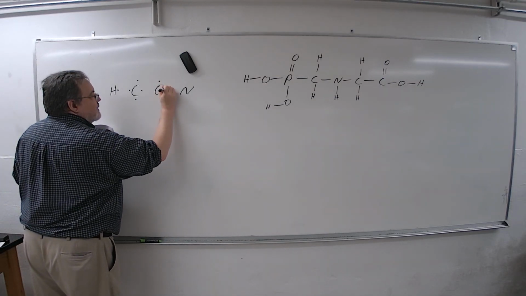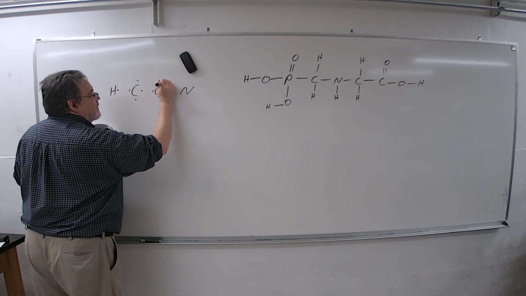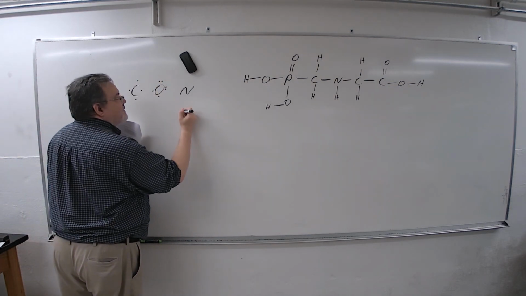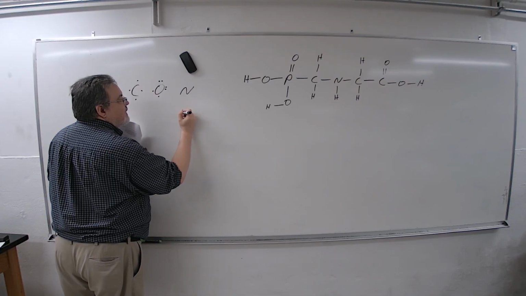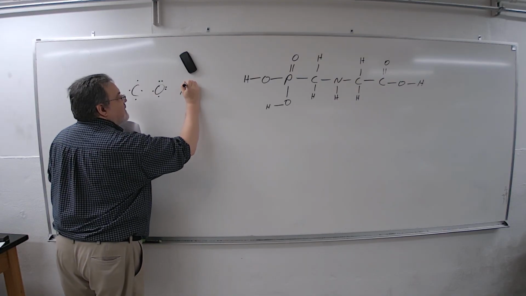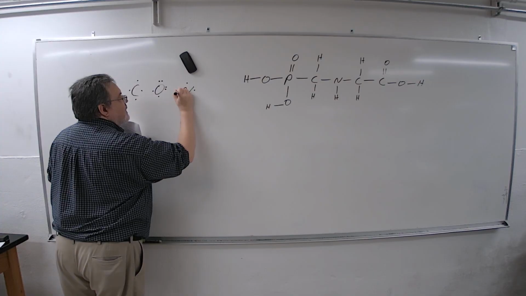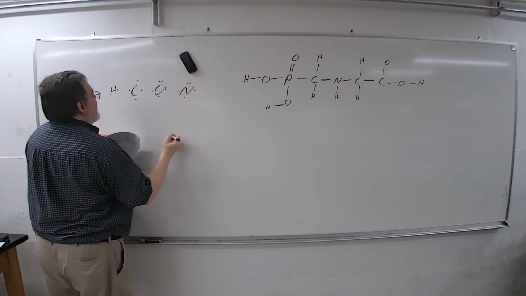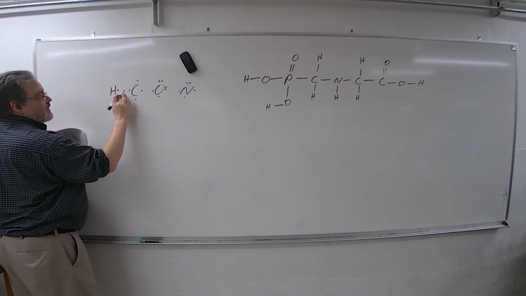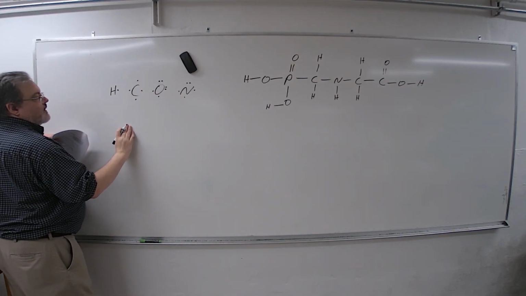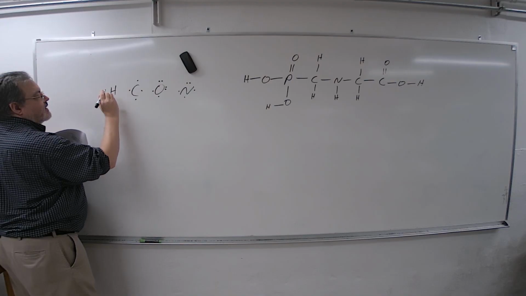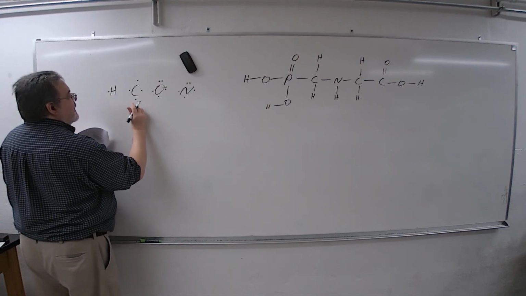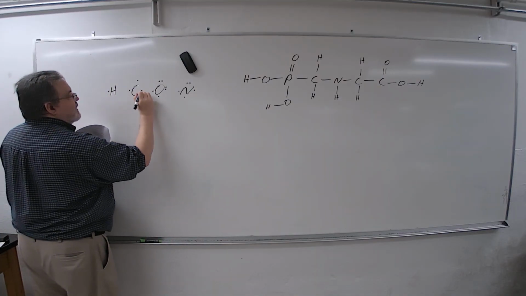It's 1, so I'll do that. How many valence electrons does carbon have? 4, so I'll go 1, 2, 3, 4. Oxygen has how many? 6. So I'll go 1, 2, 3, 4, 5, 6. And nitrogen? It's 5. 1, 2, 3, 4, 5.